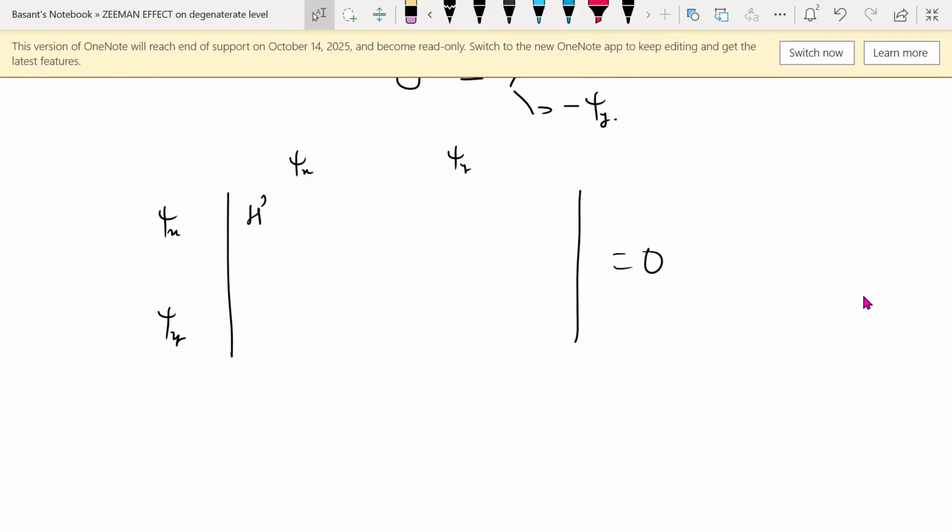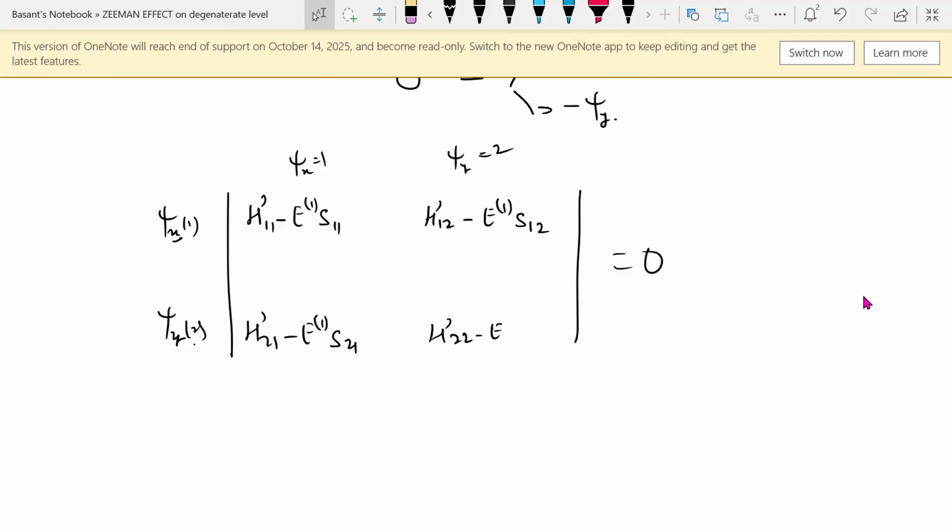That becomes H dash 11 minus E1 S11, H dash 12 minus E1 S12, H dash 21 minus E1 S21, and H dash 22 minus E1 S22.